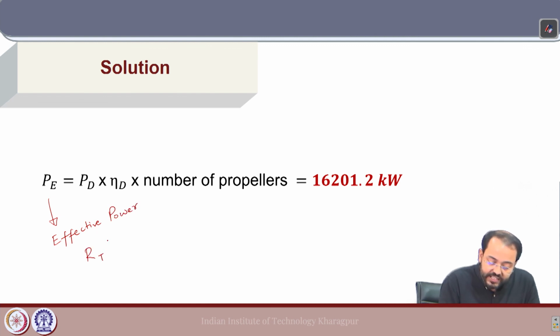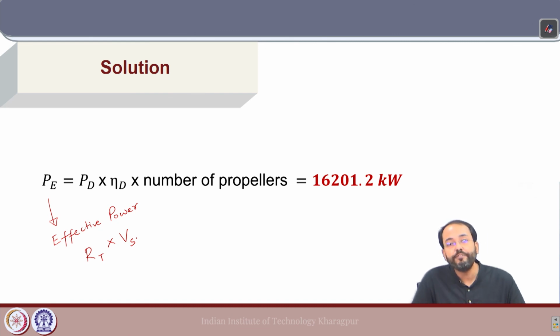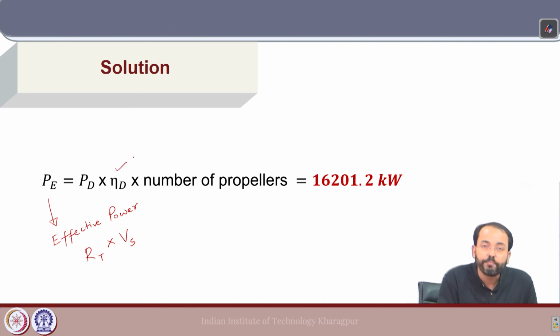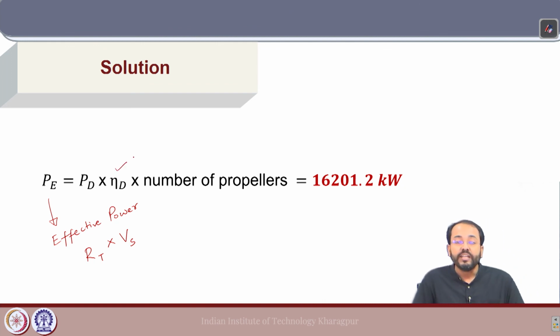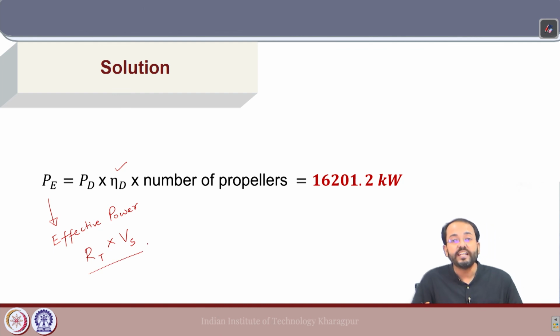It is given as RT multiplied by Vs, right. In this problem we did not know RT, okay. So we are calculating the effective power from the delivered power side using the quasi propulsive efficiency eta D. Now the delivered power that has been computed is for each propeller, but the effective power is for the entire ship.